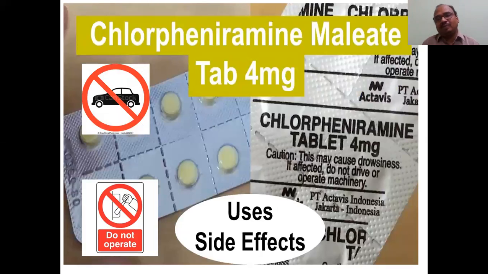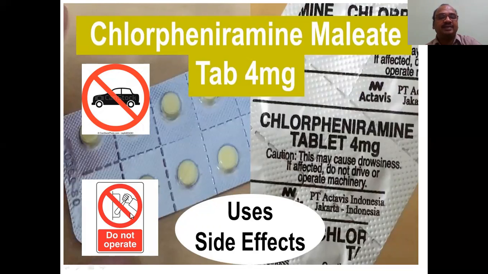The chlorpheniramine maleate, that is the CPM tablet, is available in 4 mg. Here you can see the caution you have to print on the label. It is compulsory; it is a rule. Whenever you are using antihistamine drugs, you have to print this: this may cause drowsiness. If affected, do not drive or operate machinery.